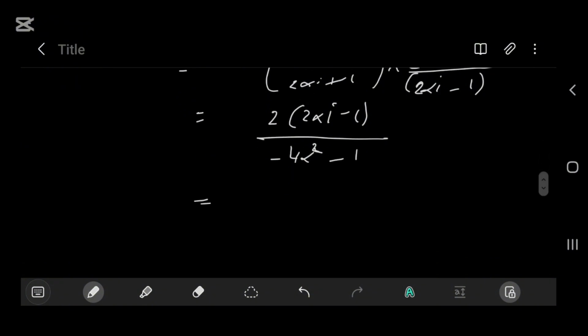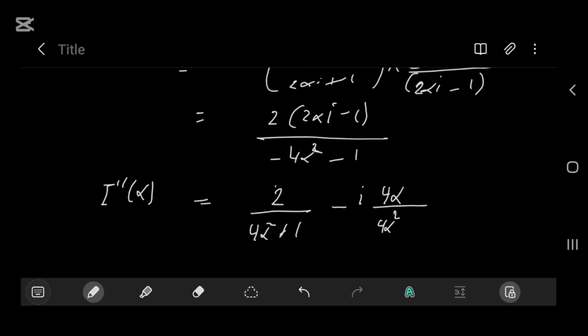Well, indeed, we can rearrange this once again, and we get I double prime of alpha equals 2 times 4 alpha squared plus 1 and minus 4 alpha, which is the imaginary part, for alpha squared plus 1.